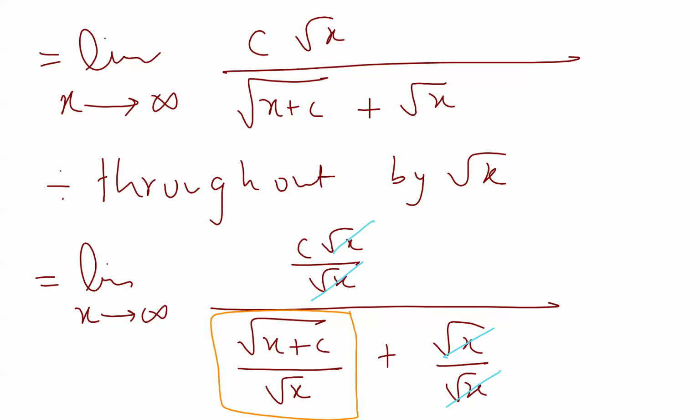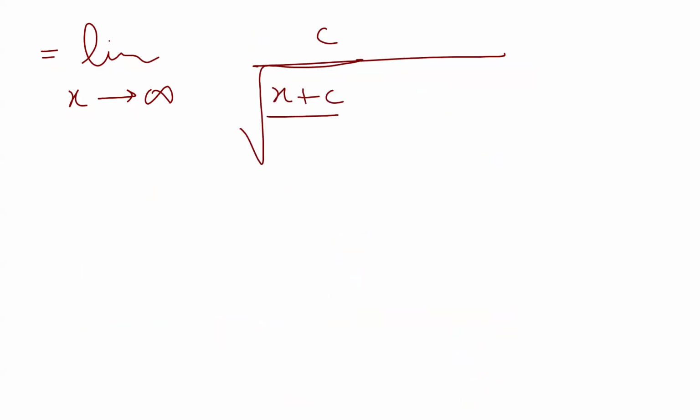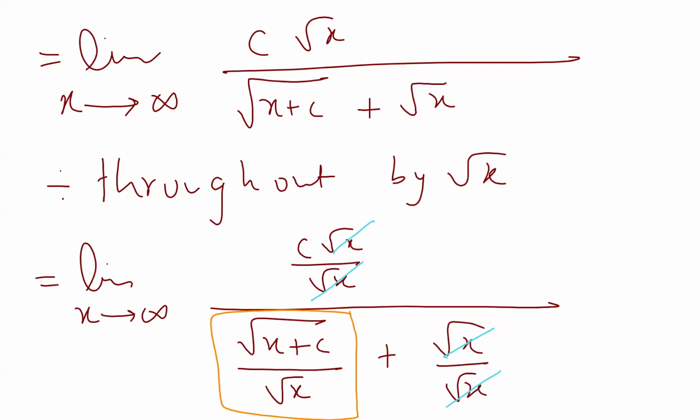So limit x approaching infinity, c upon. Just take a look at the previous. There will be c. Denominator will be combination of the roots, x plus c upon x, and this term will be 1.